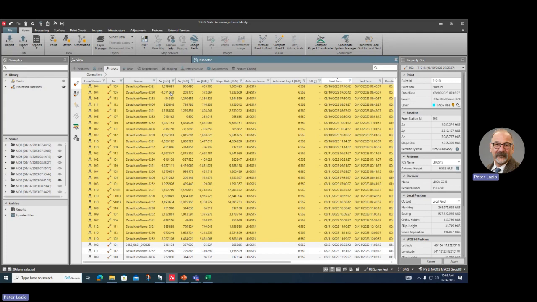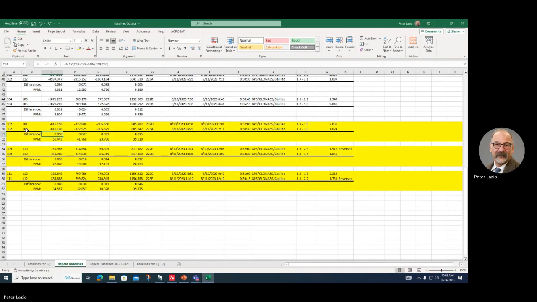So at 885 feet, 20 parts per million is 17 thousandths.